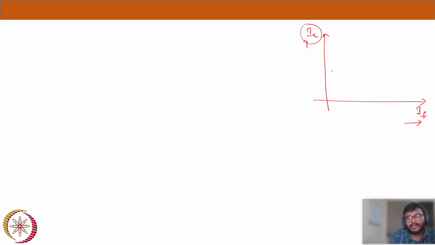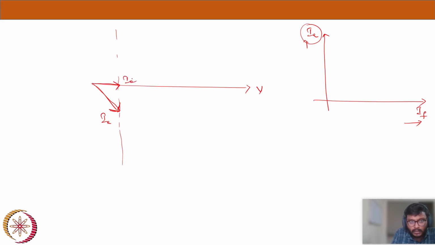This particular y-axis shows the length of Ia. Now I know this is V and this is Ia and this is the locus of Ia. So this is the length of Ia. Now this one is also Ia and this one is also Ia.